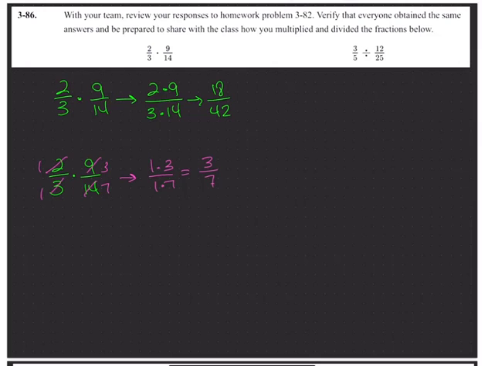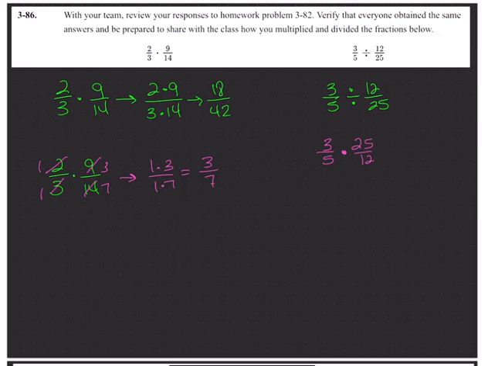On the second one, we have 3/5 divided by 12 over 25. When we are dividing fractions, we are multiplying by the reciprocal. So we get 3/5 times the reciprocal, you're just flipping it over, 25 over 12.